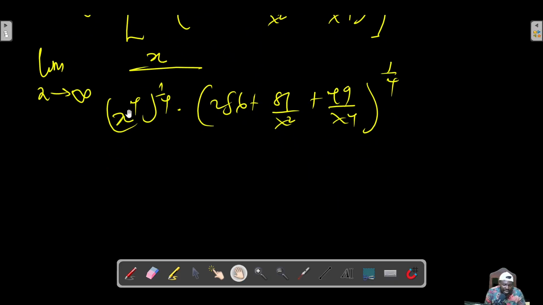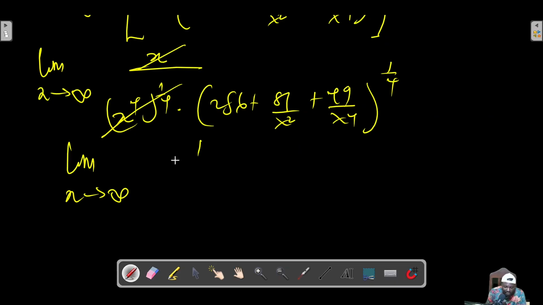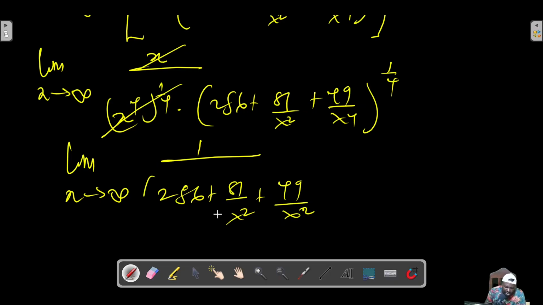From here, x to the power 4 raised to the power 1 over 4 is x. So this term cancels out this term. What do I have left? The limit as x approaches infinity of 1 over (256 plus 81 on x squared plus 49 on x to the power 4) all raised to the power 1 over 4.